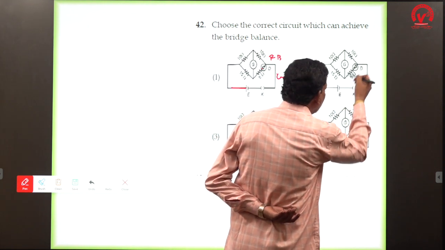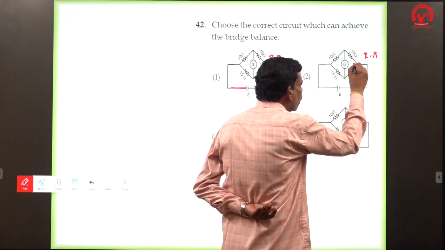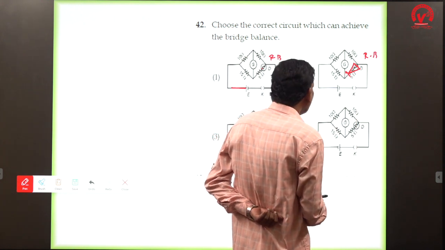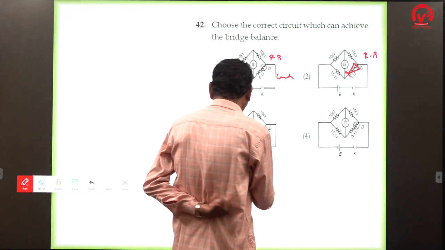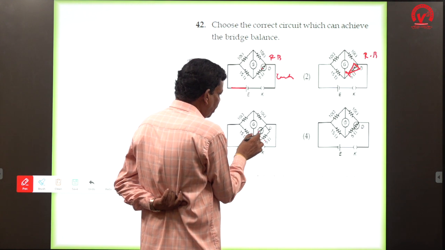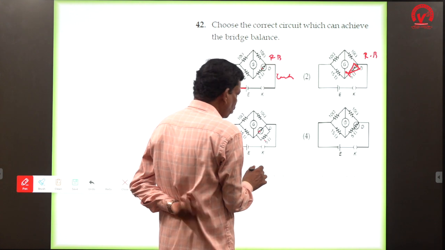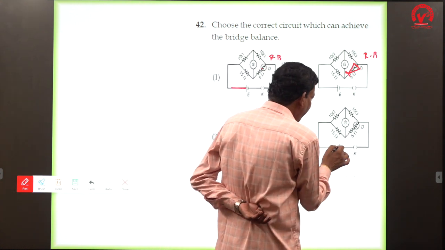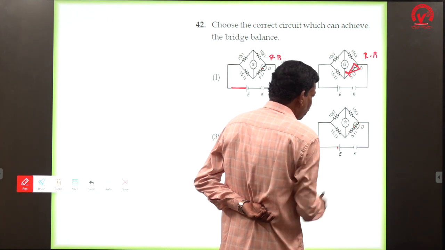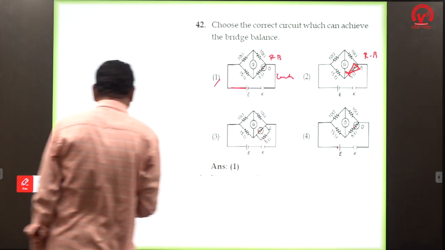Here, see, it is in reverse bias. Next, here also, resistance is connected to the diode in parallel. No chance. Here negative, here positive. So it is reverse bias. So option 1 is correct.